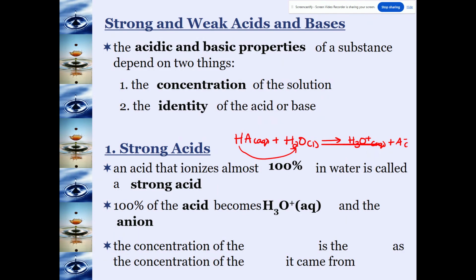Later on, we're going to get into pH calculations, and pH calculations are going to involve the concentration of the hydronium ion that the acid produces.